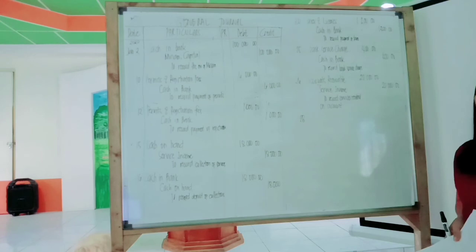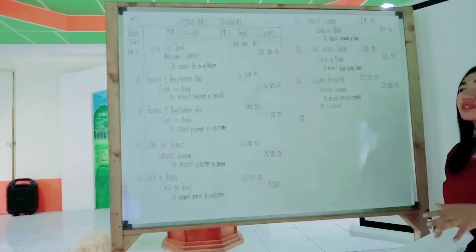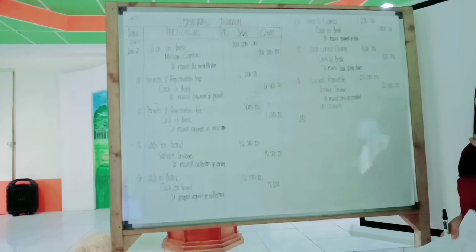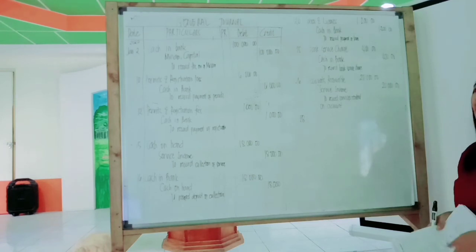Parang reservation, para sure yung service na i-render natin sa kanila. Yun yung tinatawag natin na unearned revenue or unearned income. Na-earn na natin, nabigay na sa atin yung pera, pero yung services na kapalit, hindi pa natin siya nare-render. Utang yun. Considered na utang yun.